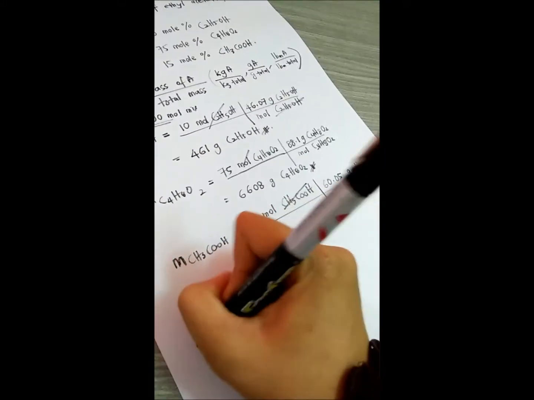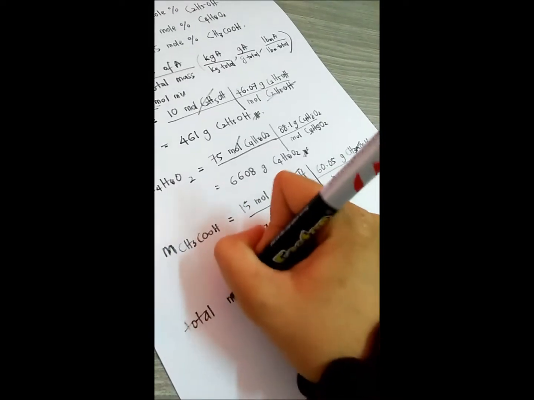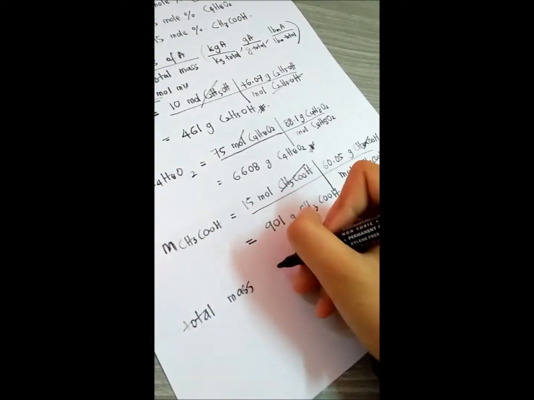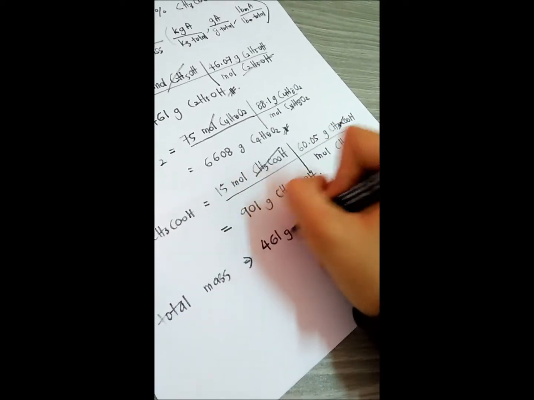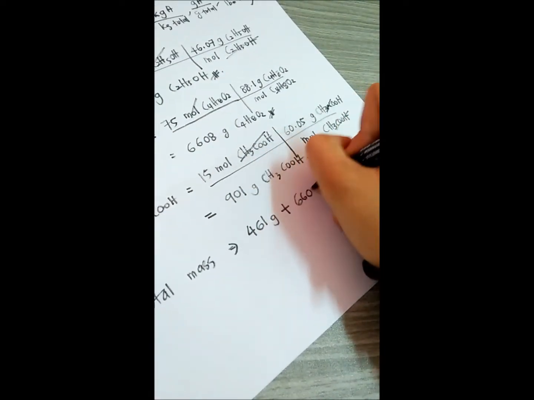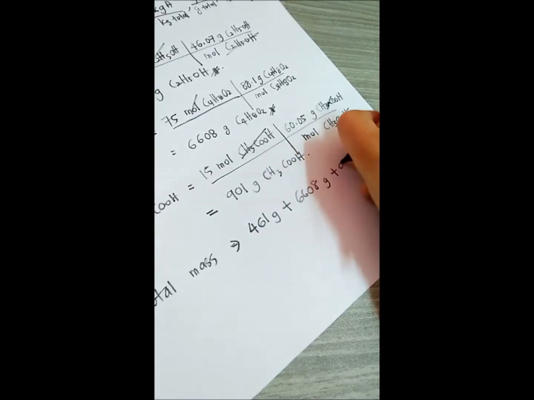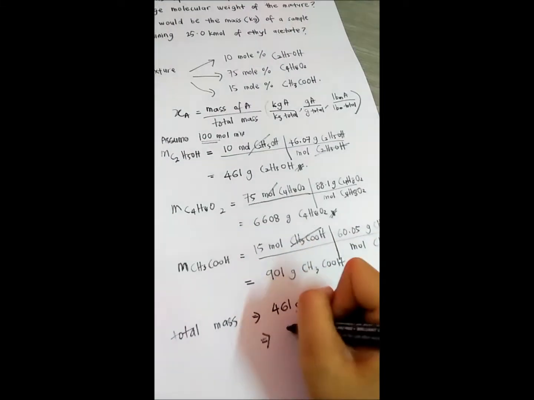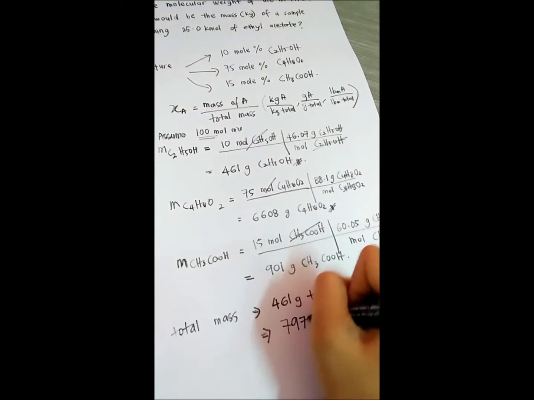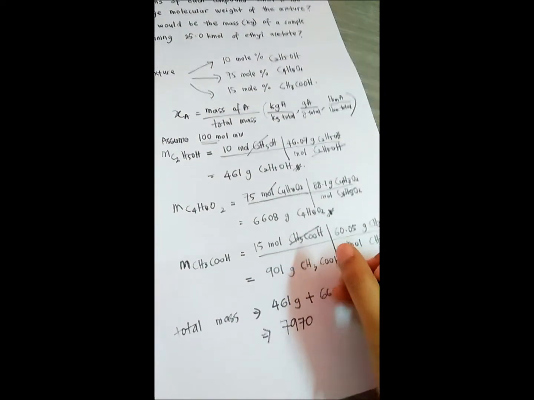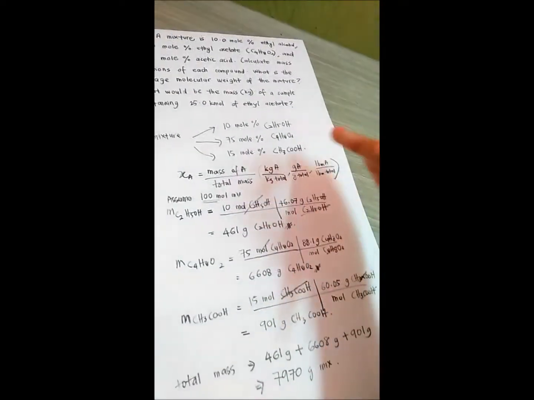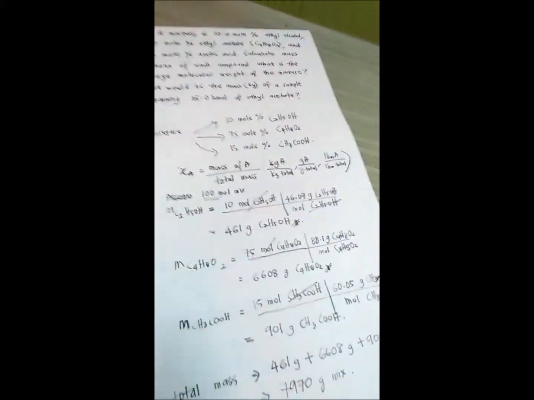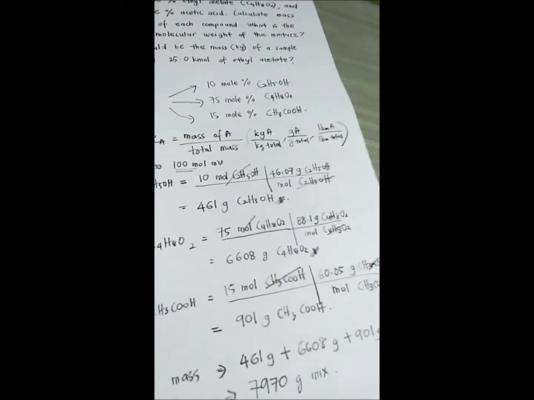So now you can calculate the total mass by adding everything together, and you get 7970 gram of mixture, consisting of the mass of all of these compounds.